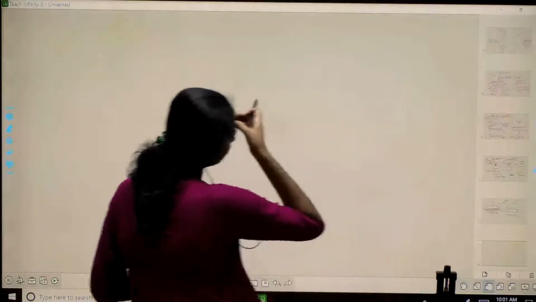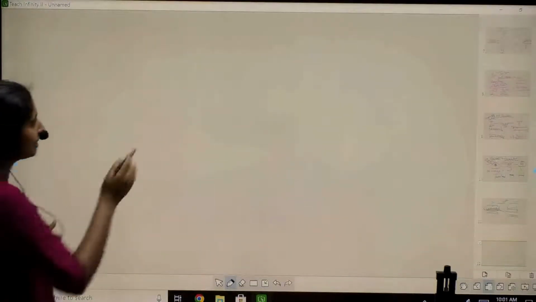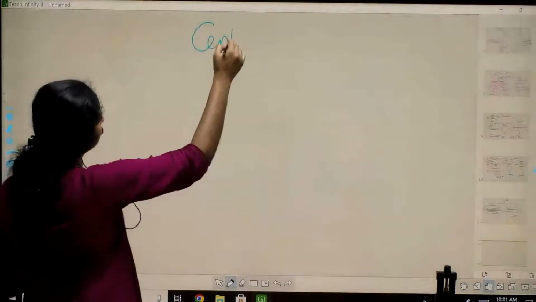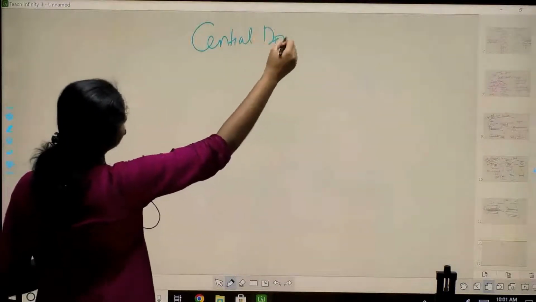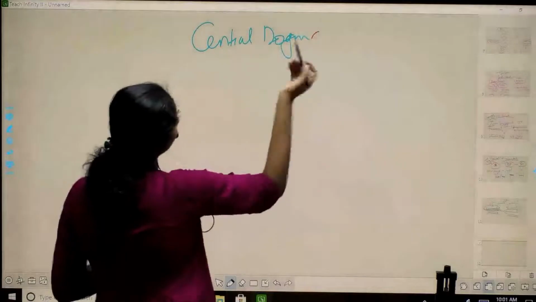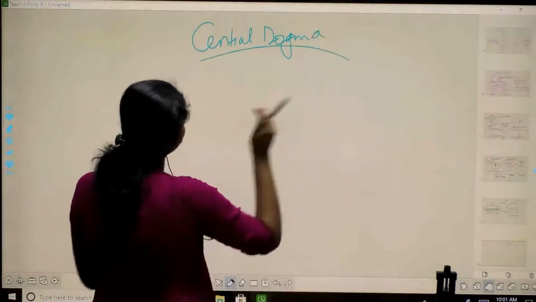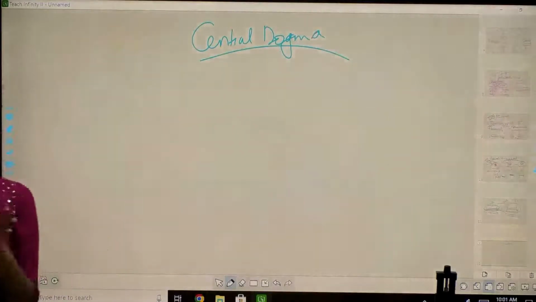Okay. So now before moving on to the mechanism, how does DNA actually replicate, let's first understand the central dogma. What does the molecular central dogma state?